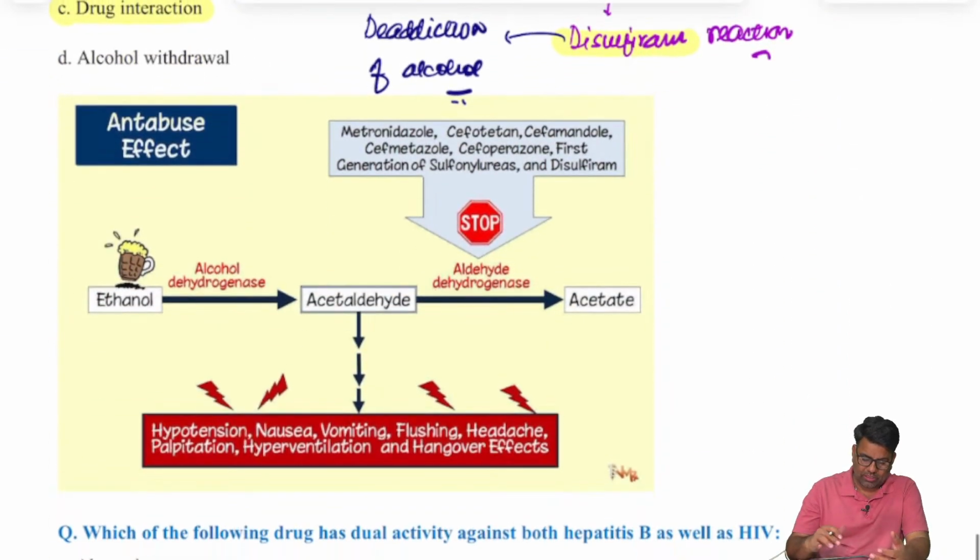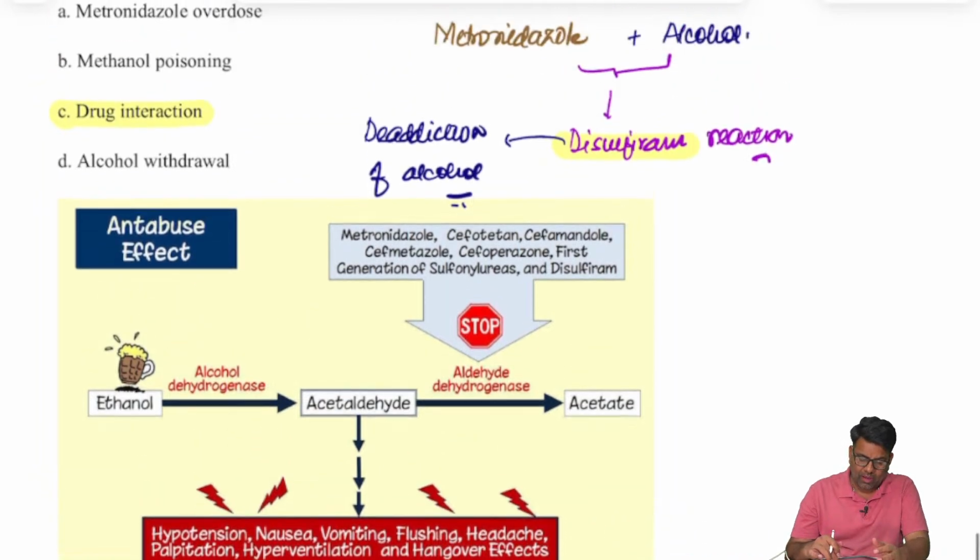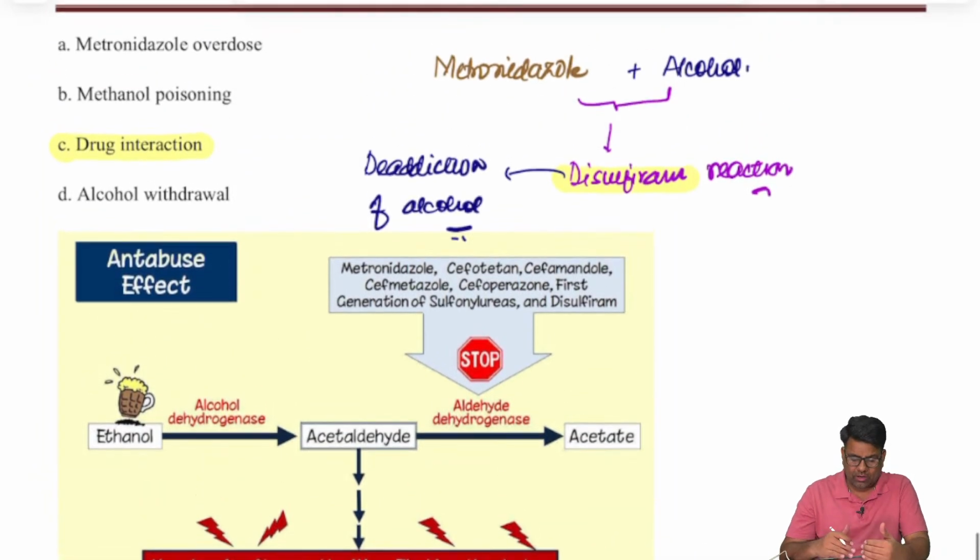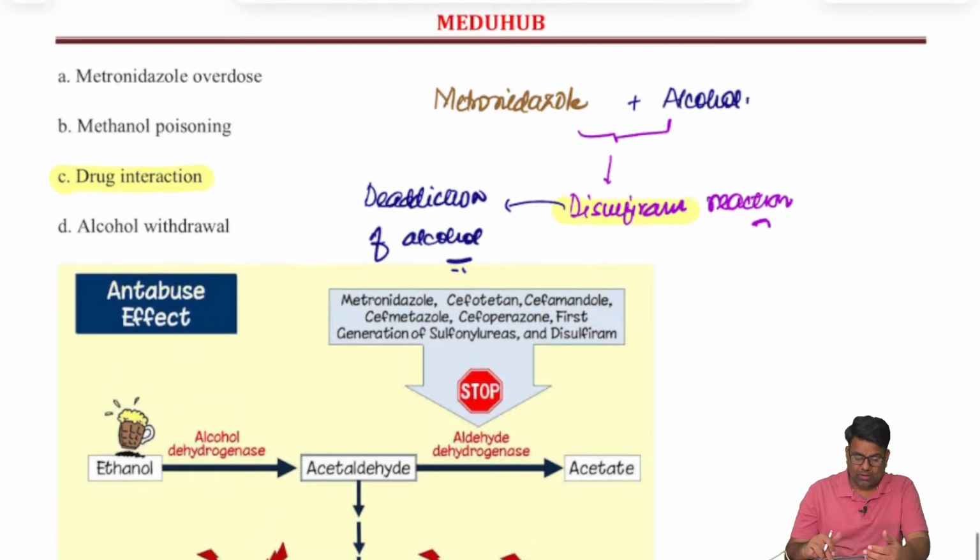And not only metronidazole, there are numerous drugs which can have this kind of clinical presentation if the patient takes alcohol. Of course, metronidazole is one important drug which can produce a disulfiram-type reaction.